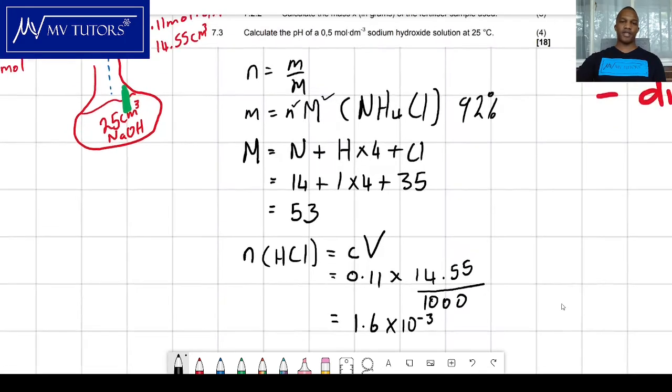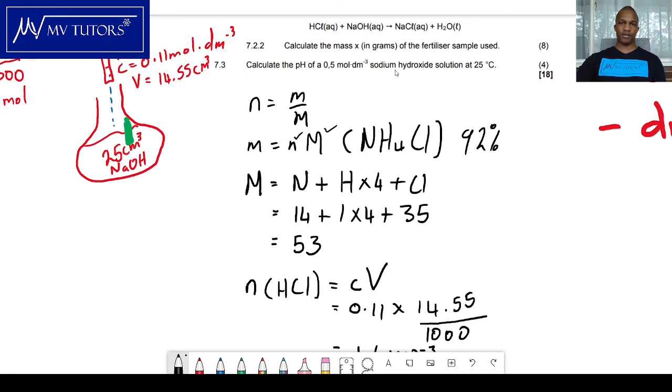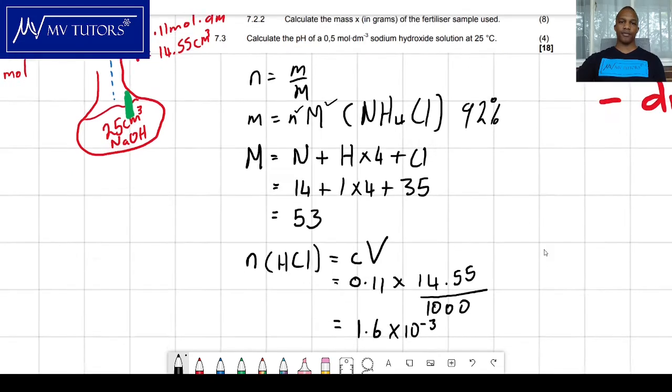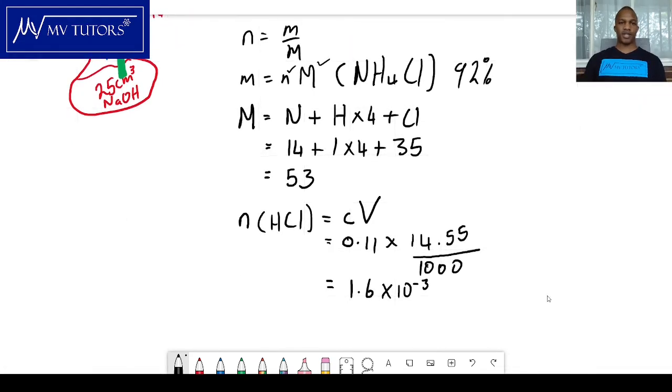Now based on this, because it's 1:1, the number of moles of sodium hydroxide is also equal to 1.6 times 10 to the minus 3, because the ratio between the two is 1:1.